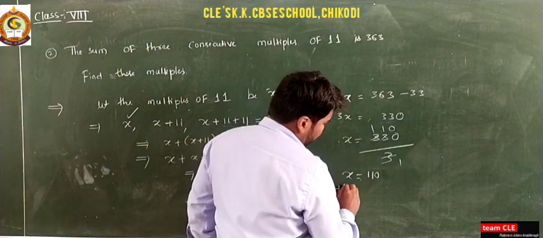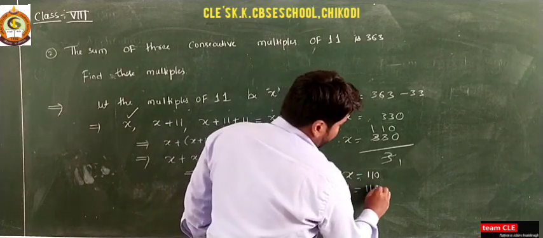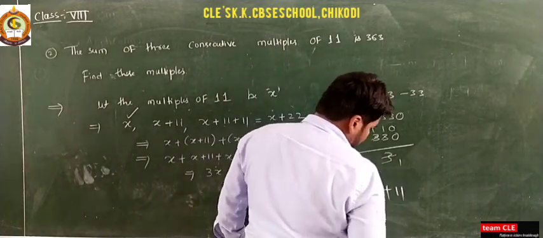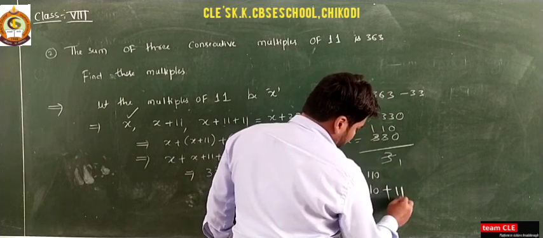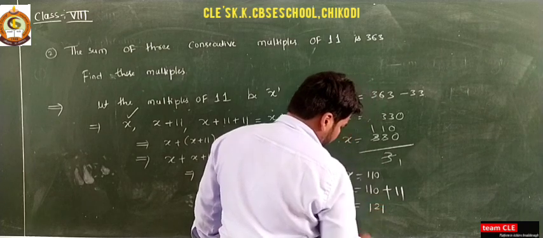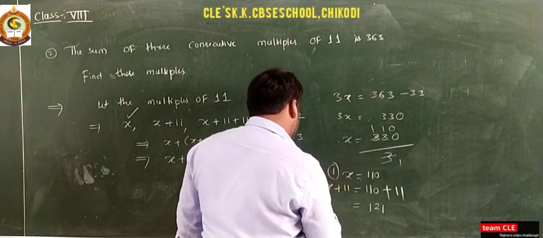Then x plus 11 means x, which is 110, plus 11. Adding, 0 plus 1 is 1, 1 plus 1 is 2, and 1, so it is 121. So this is x plus 11.